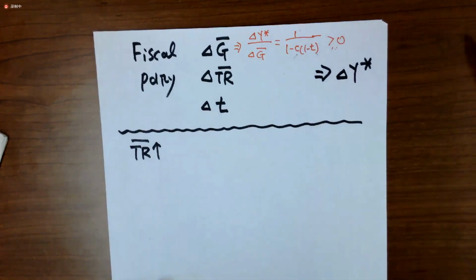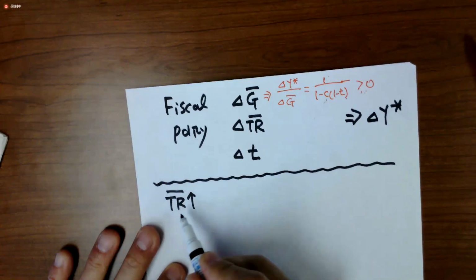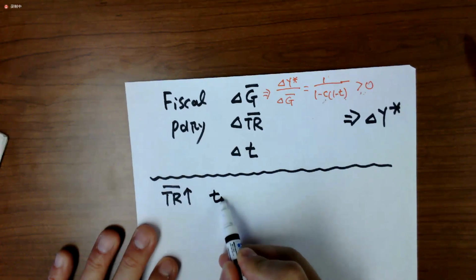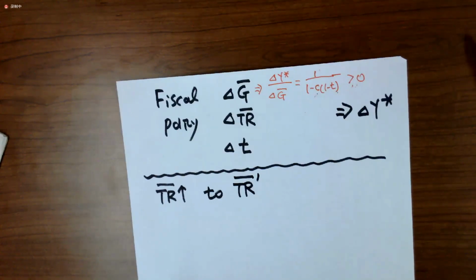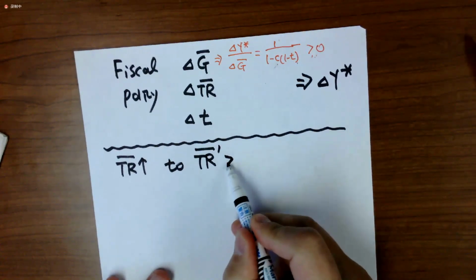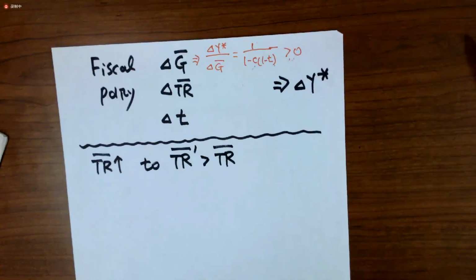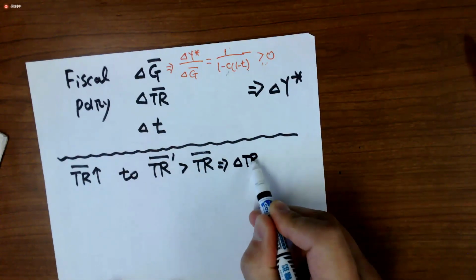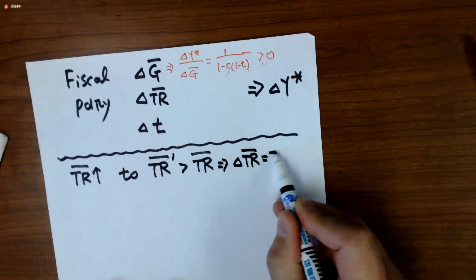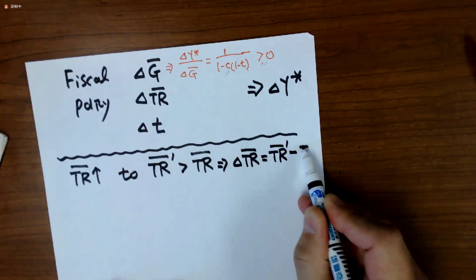Earlier, we were dealing with an increase in government spending directly. All right. So transfer payment increased from TR bar to TR bar prime, which is higher than TR bar. As a result, you can write out change in TR bar is equal to TR bar prime minus TR bar.